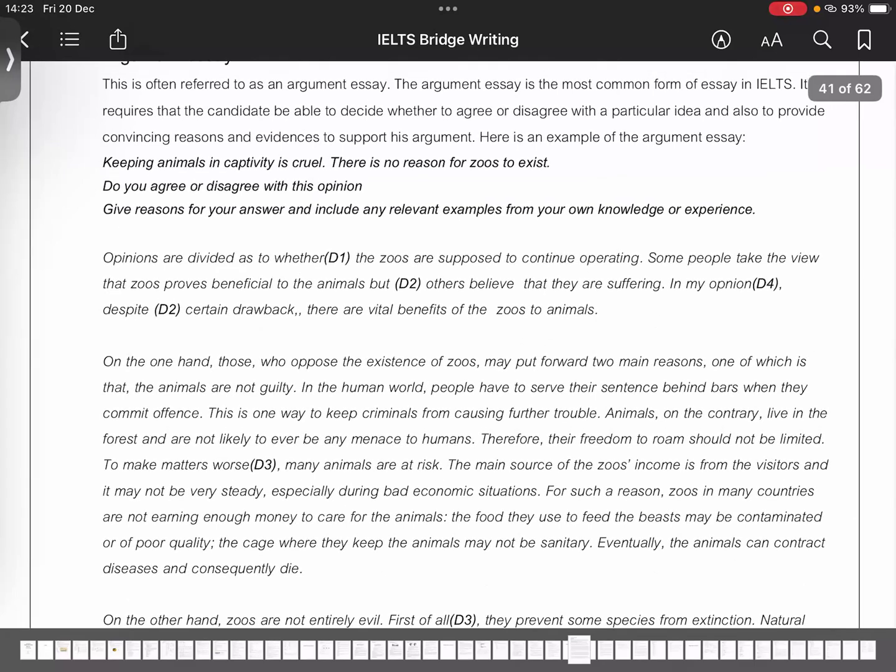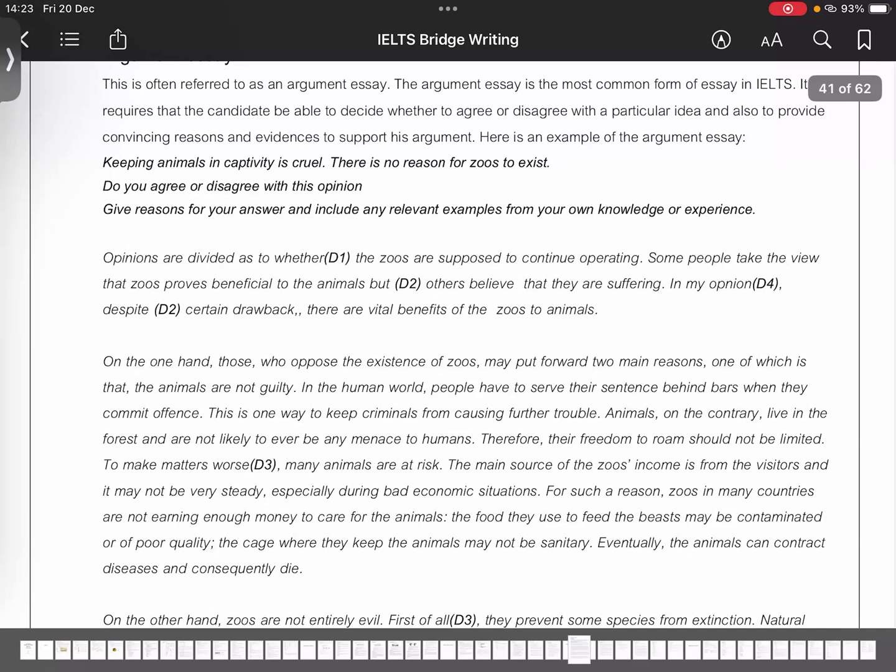Okay, so it says keeping animals in captivity is cruel, and there is no reason for zoo to exist. Do you agree or disagree with this opinion? So let's analyze the statement. It gives you 2 sentences. So it's kind of like a cause and effect, okay?